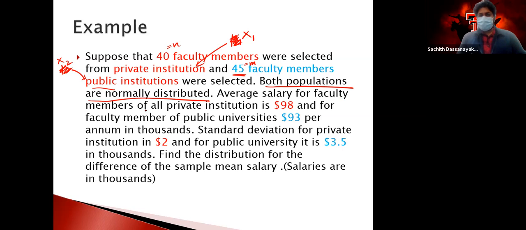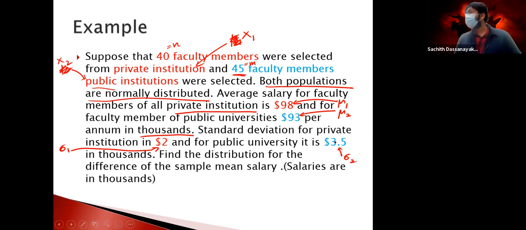Based on their salaries, for private institutions, X1, mu1 is 98. For public universities, mu2 is 93. I think the standard deviations are in thousands. Private institution standard deviation is 2, which means sigma 1. For the public university, it is sigma 2. Clear? So we have all the necessary values.